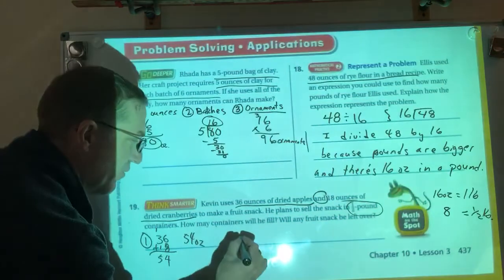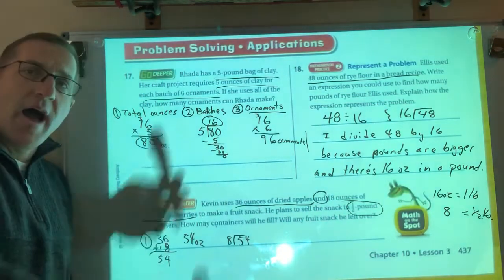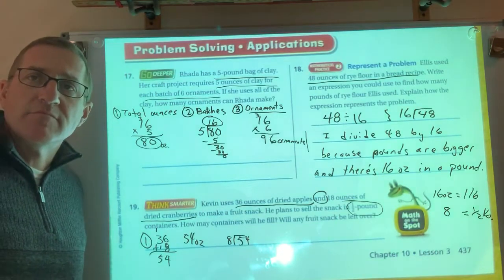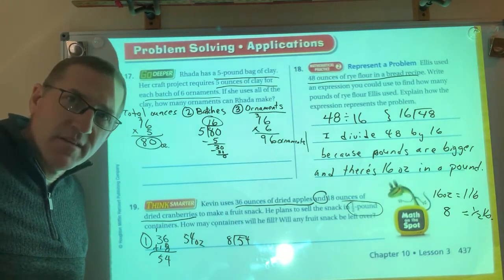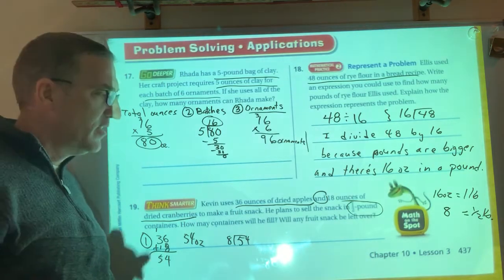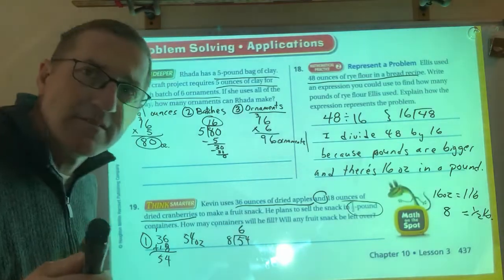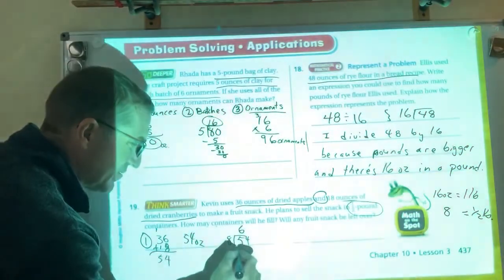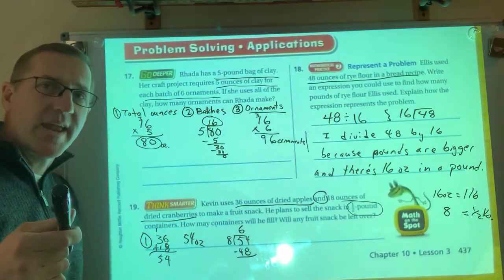So I'm going to take my 54 divided by 8. How many 8s are there in 54? See, how many think it's 7? 7 times 8, 56. 56 is too much, right? So it's got to be 6. 6 times 8, 48. All right, 4 minus 8 is, of course, 4, right?